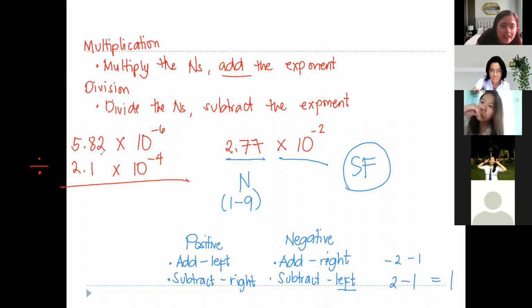So if we look at the given, remember that for the scientific notation, we only count the significant figures in the capital letter N. So this is how many significant figures here? 3 po. 3.